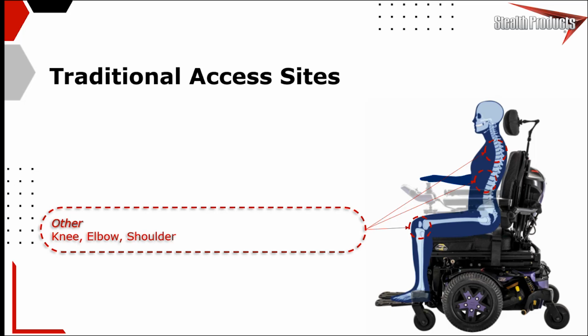You may be tempted here to think that from a hardware perspective, requirements might start becoming more complicated, but that's really not the case. Hopefully, as we go through, you'll see that we have the ability to use something like, say, a knee adductor or thigh support hardware as a switch mount. A lot of the hardwares we're about to talk about can be used down in these oddball positions, and say we can use some of our chin control mounting hardware to place a switch or sensor at the shoulder.